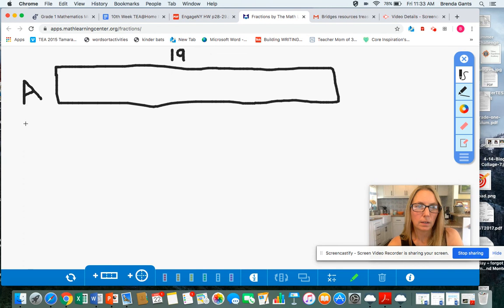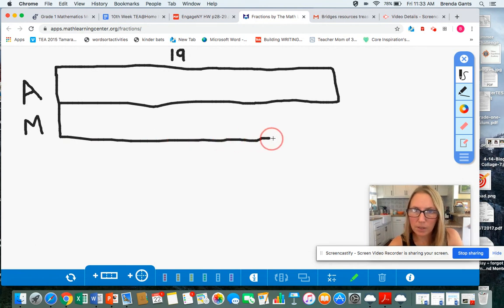And in March, it rained 15 days, which is almost at the end of the 19. So this is 15. So that means I'm going to break up this 19 into a 15 and 15, 16, 17, 18, 19.